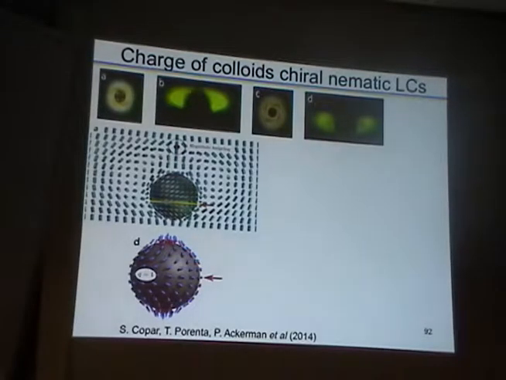If we now map what is happening on the surface of the colloidal particle, we know that the director field configuration is quite different, because we essentially have this kind of splay configuration where the director undergoes a fairly complicated configuration.